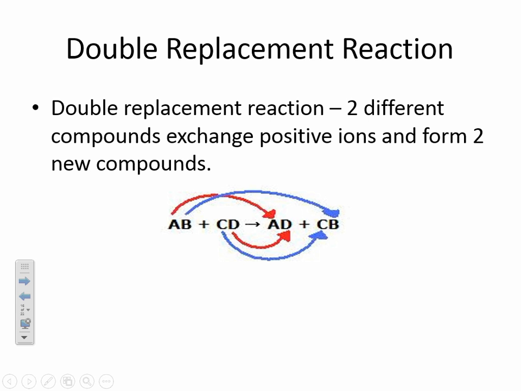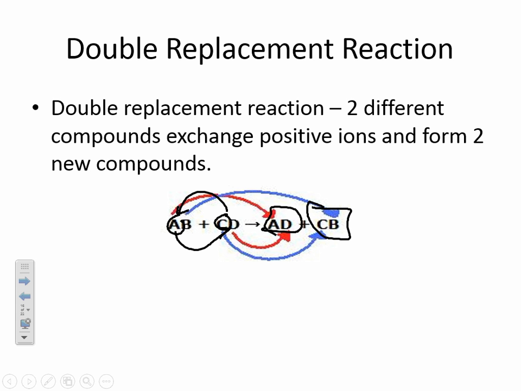A and C are switching spots. Check this out. What's going to happen? A is going to get switched with C. So now instead of being CD, it's going to be AD. And instead of being AB, it's now going to be CB. So you have 2 things switching spots.